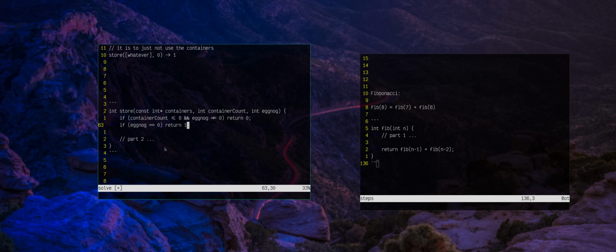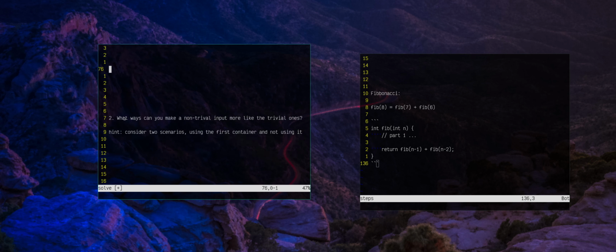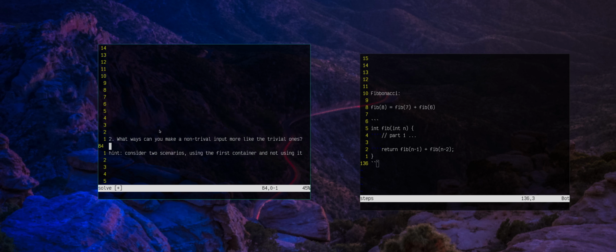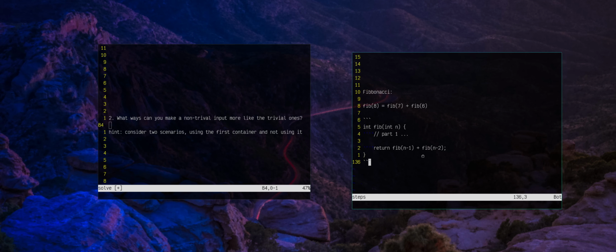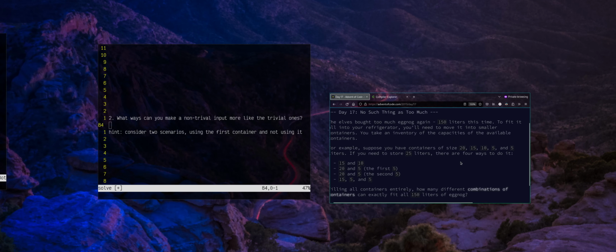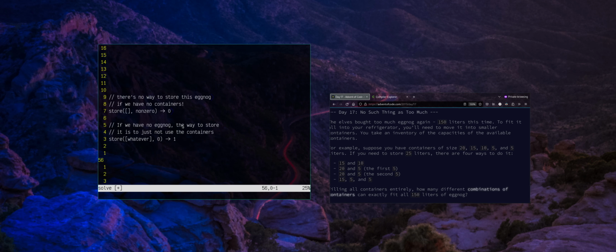Anyway, the question is, in what ways can you take some input, for example this 20, 15, 10, 5, 5, and 25 situation, and make it more similar to one of these cases where we have no containers or we have 0 eggnog?